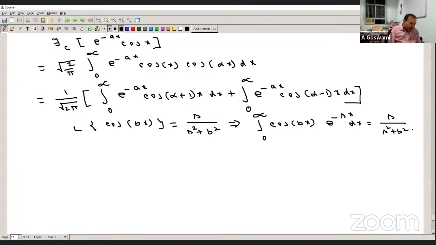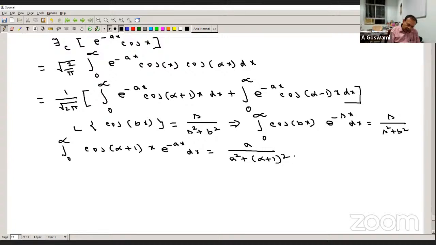In one case, if we replace b by alpha plus 1 and s by a, then we will obtain the result very quickly. The integral from 0 to infinity of cos of (alpha plus 1)x into e to the power minus ax dx equals a by a square plus (alpha plus 1) whole square.